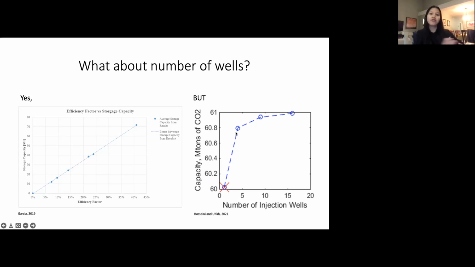So the injectivity for each well actually decreased from 60 million tons per well to only 15.2 per well. And we don't want that, because wells are expensive, and what's the point of spending more money if we can only store that much CO2, not that much more?